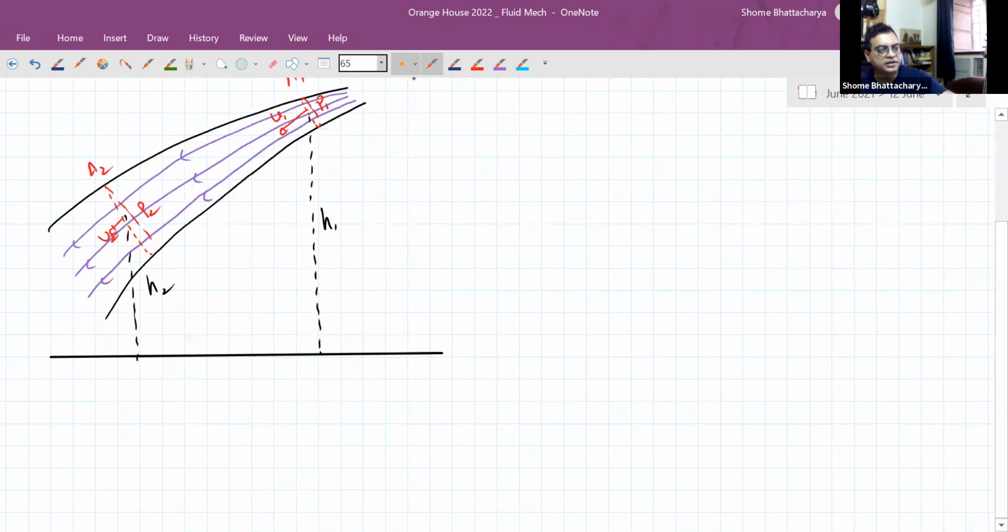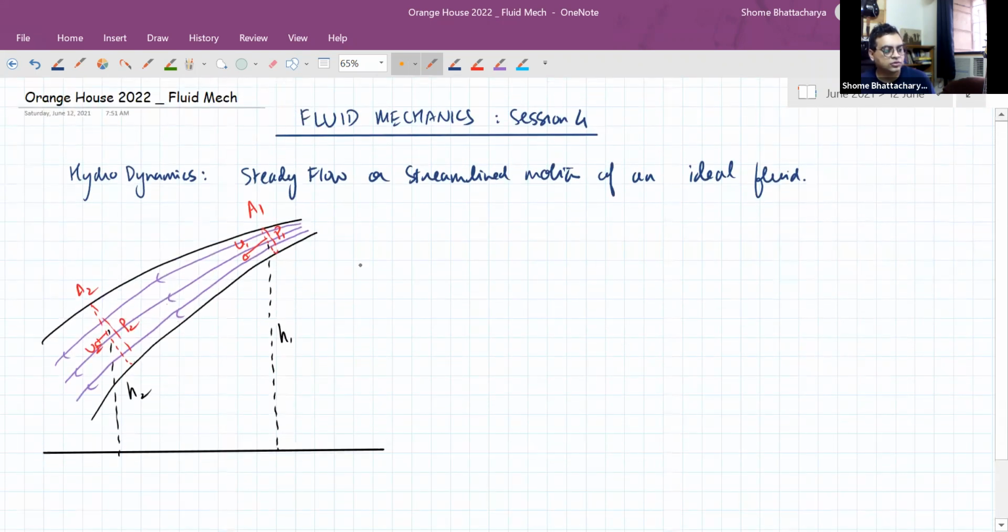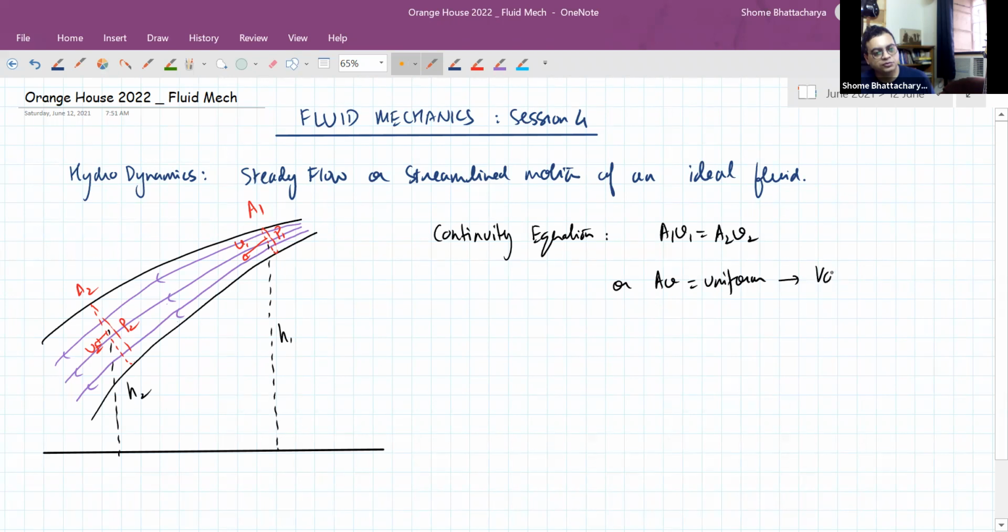Then the equations by which we can connect the properties of the flowing fluid at these 2 points are, respectively, the continuity equation, or in general, the product of A into V is uniform because the volume flow rate is uniform.